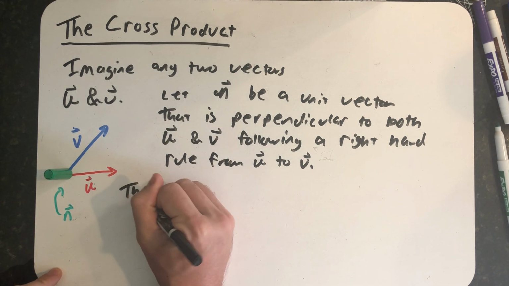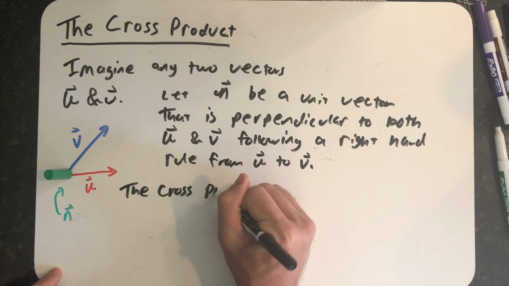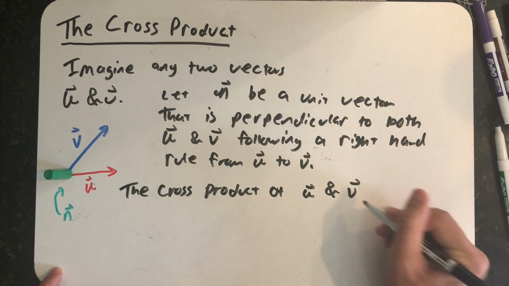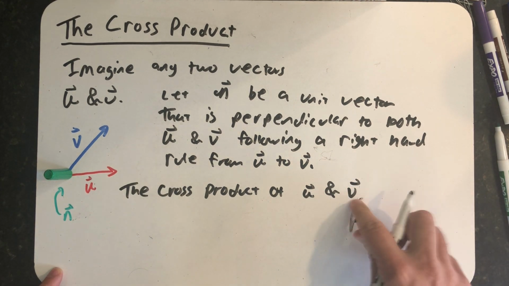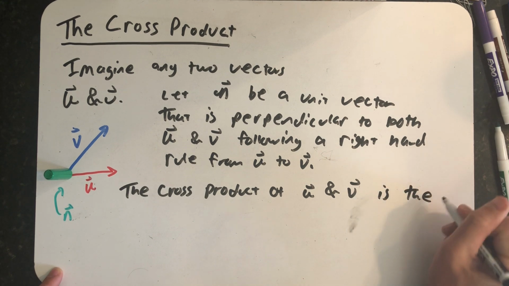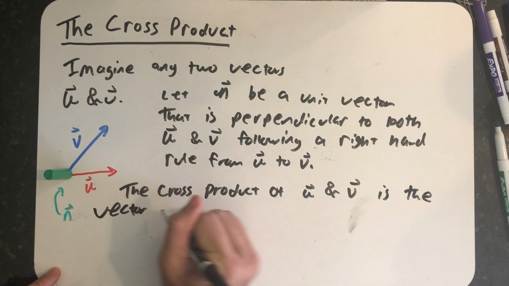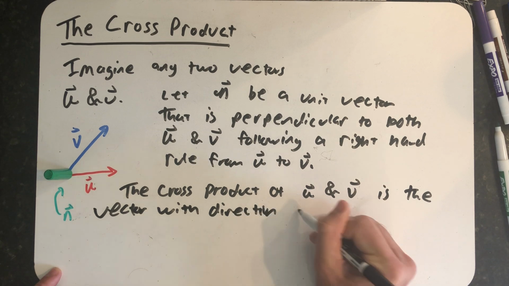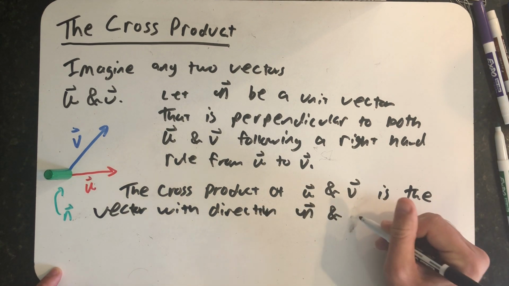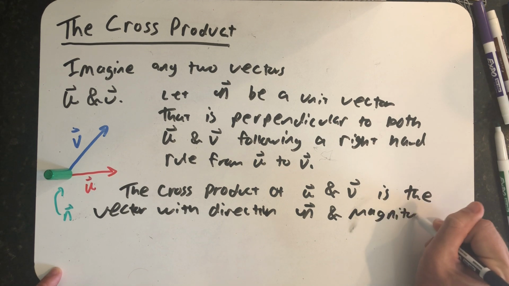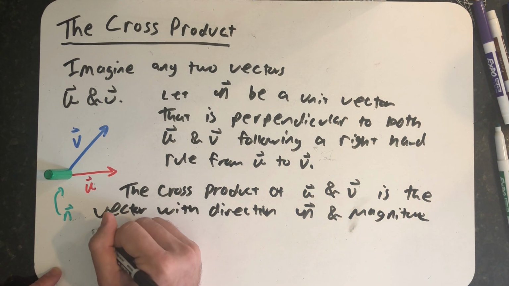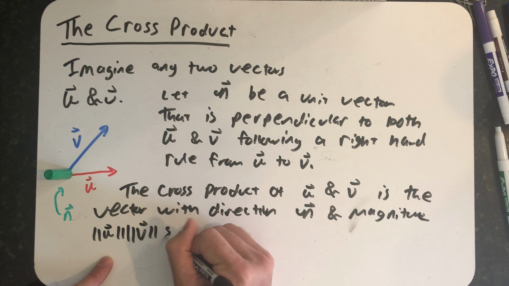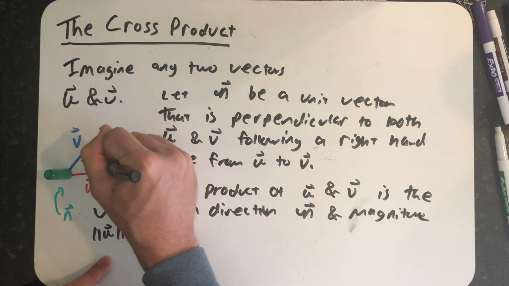The cross product of u and v is the vector with direction n and magnitude that is the magnitude of u times the magnitude of v times sine of the angle between u and v.